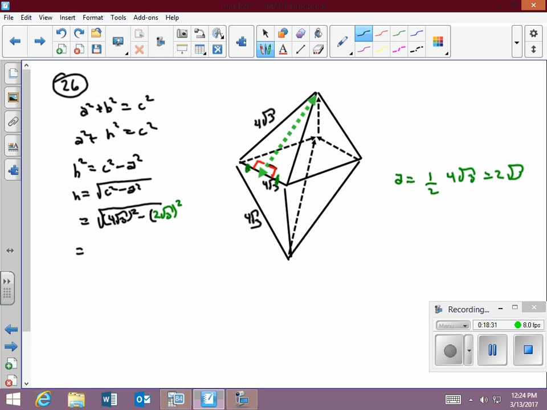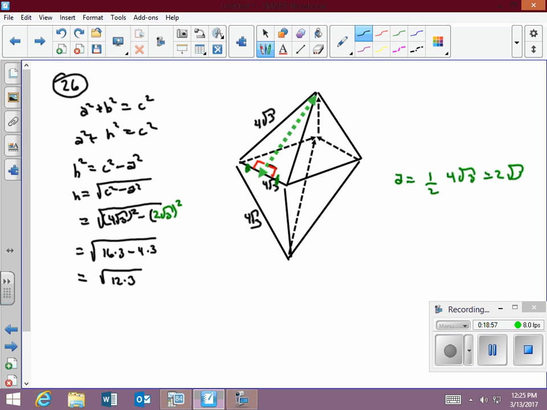Okay, so this is going to be the square root of 16 times 3 minus 4 times 3, which is 12 times 3, right? 3 factored out, 16 times 4.